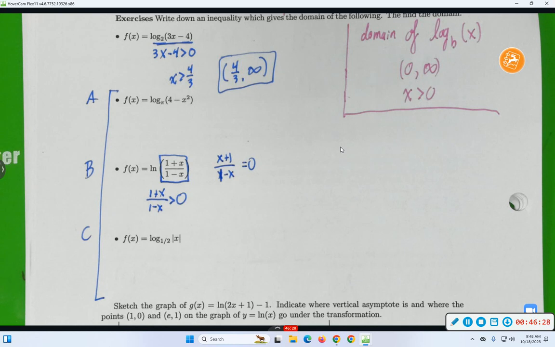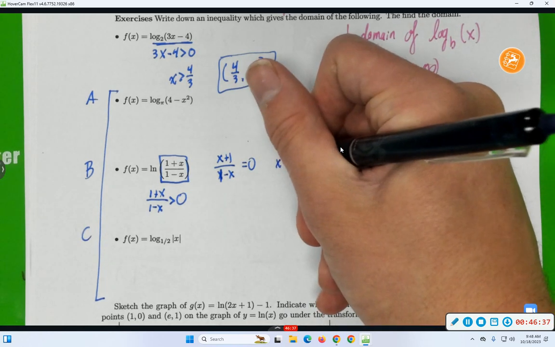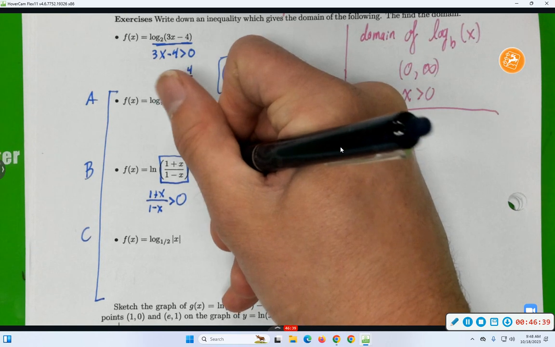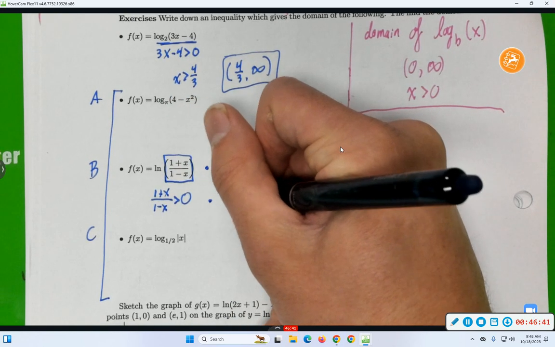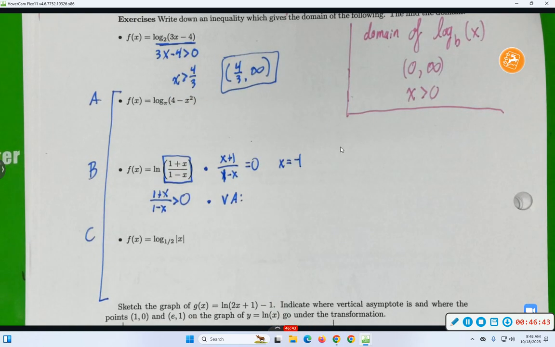Yeah, the only way a fraction can be 0 is if the numerator is 0. The numerator is 0 when x is negative 1. Vertical asymptote. Where does that thing have a vertical asymptote? I hear a 1.